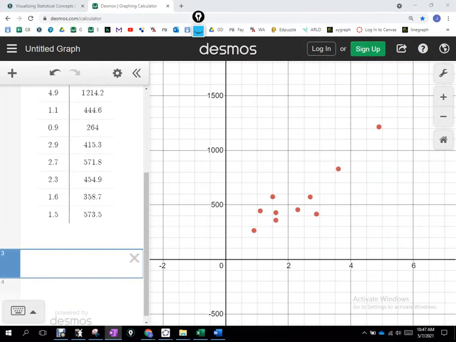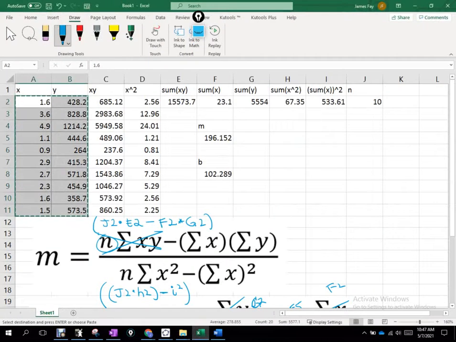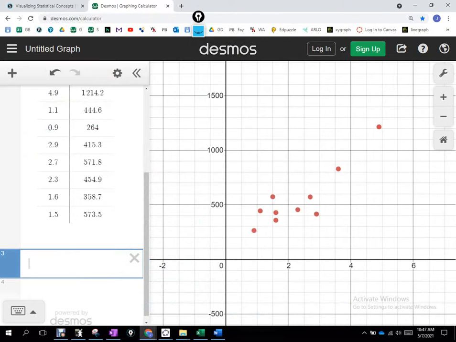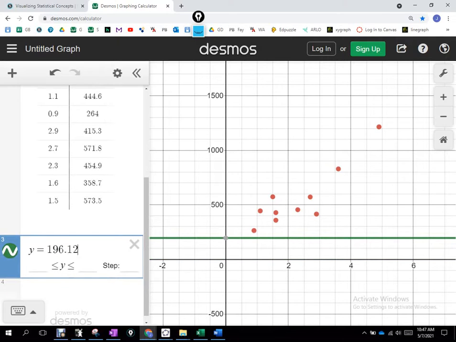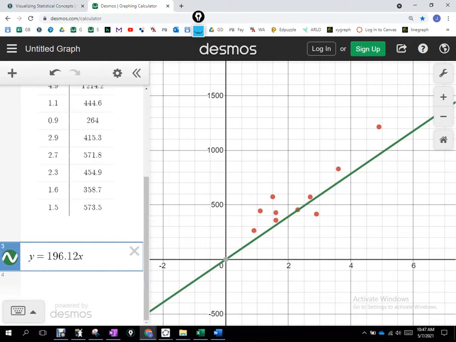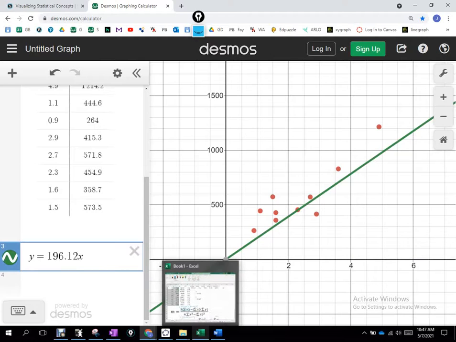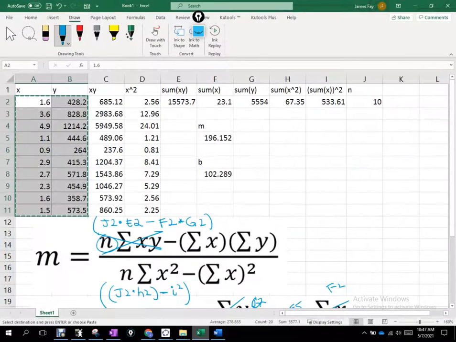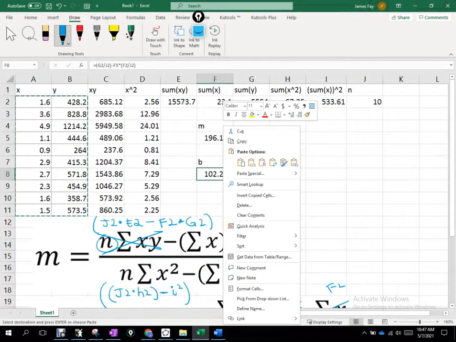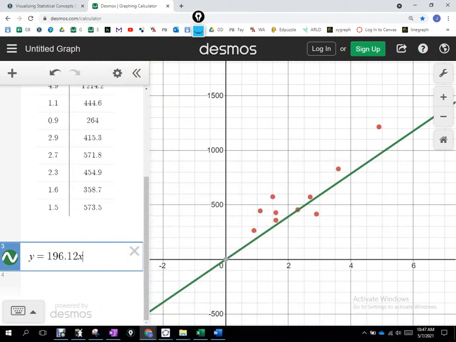So our slope was 196.152. So say y equals 196.152x. Okay. So you start to see that it does look a little bit like our data here. Maybe it represents our data. And then this number here will be my B value.